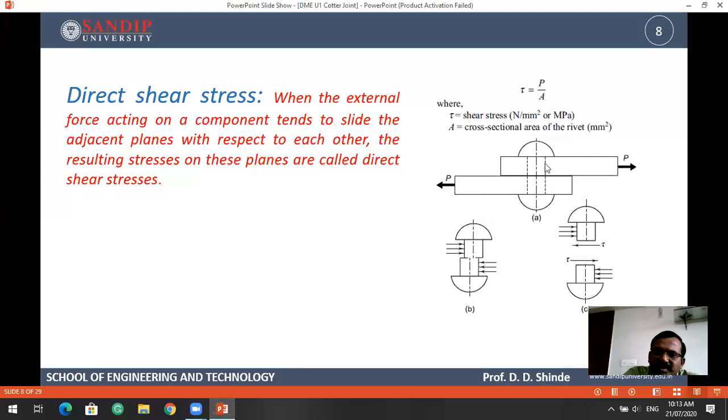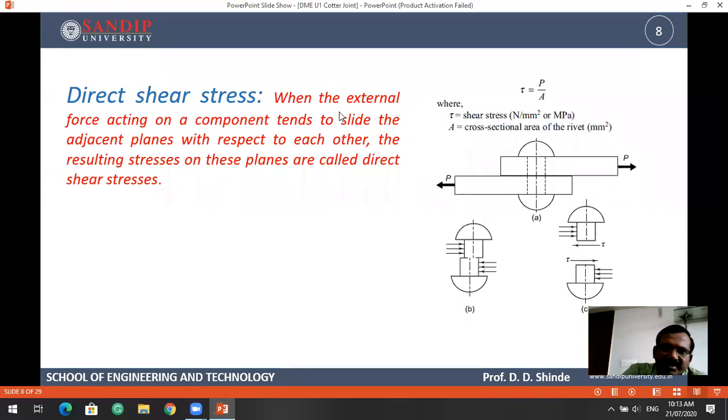So there are two plates which are riveted to each other, and the force P is pulling these two plates in the opposite direction, due to which the rivet, which is shown here, is sheared. It is broken into two halves, and the nature is shear force.